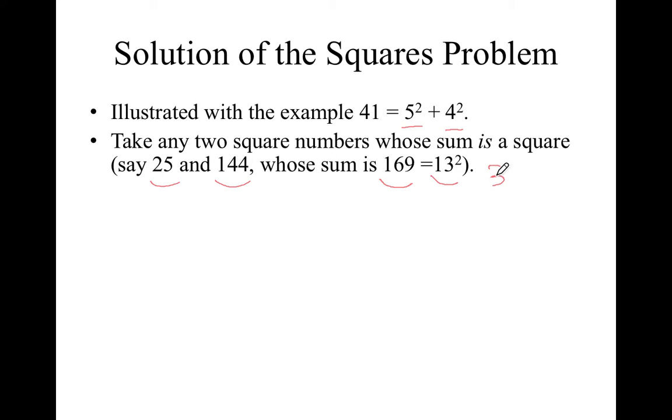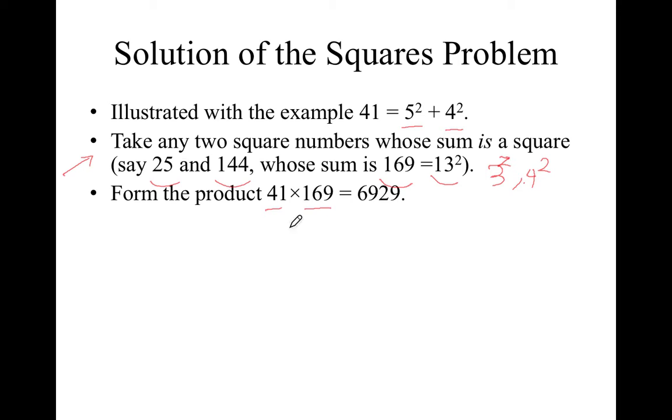We could have taken 3 squared and 4 squared, whose sum is 25, right? Or 9 or 16. So we can find plenty of these. These are Pythagorean triples, right? And now look, we form the product of these two numbers, right? One is the 41, which is our target number, and 169 is the sum of these squares, that's a square itself.